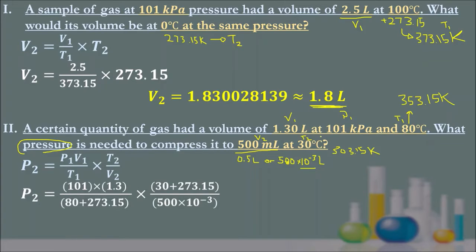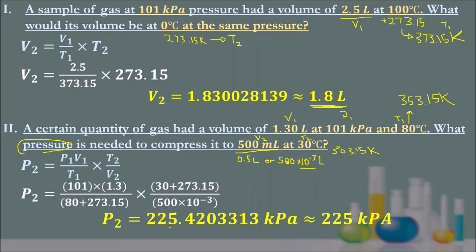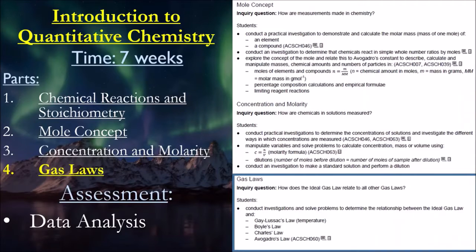Okay, and there we go with that, and you should get a value roughly to 225 kilopascals, just looking at the significant figures, 3 sig figs being used. If you have a look here, this should be corrected to kPa lowercase. That's just notation, so that's all we need to worry about. All right, and there you go. That's just how you do those two questions there.